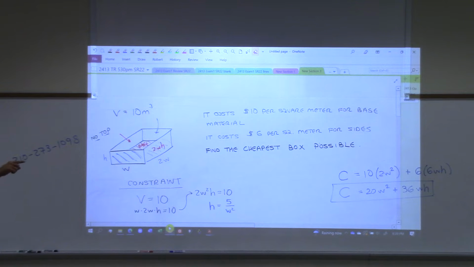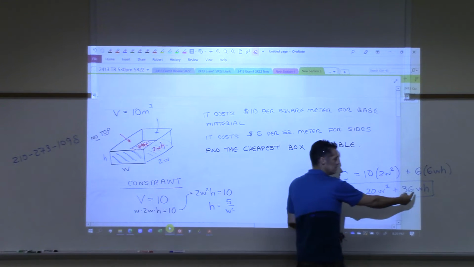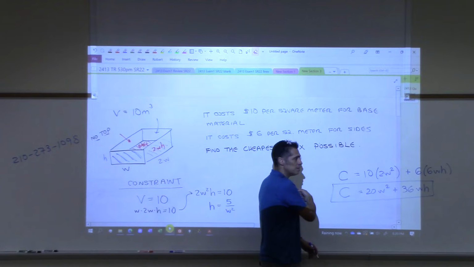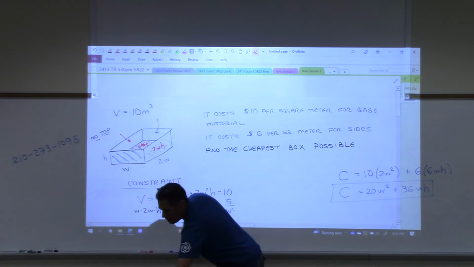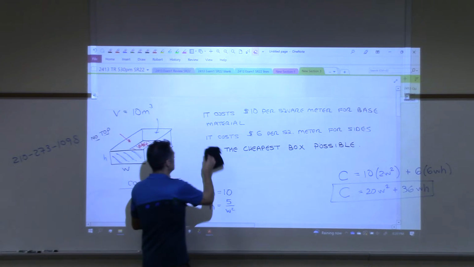That's what you had done over there. You just forgot the cost in there. I think that's what it was. So now I'm just going to replace the only H I see here with that. And that will give me my objective function as a function of a single variable.